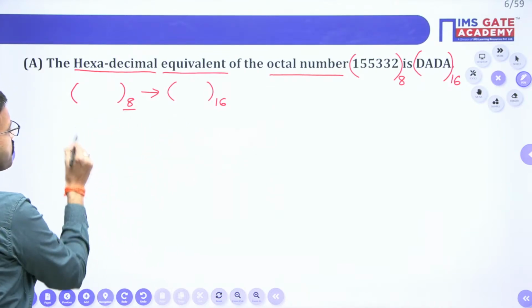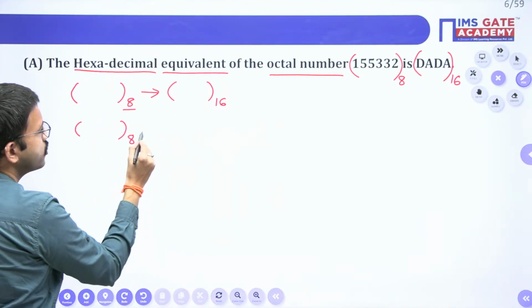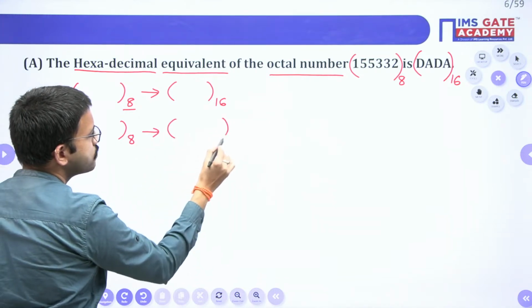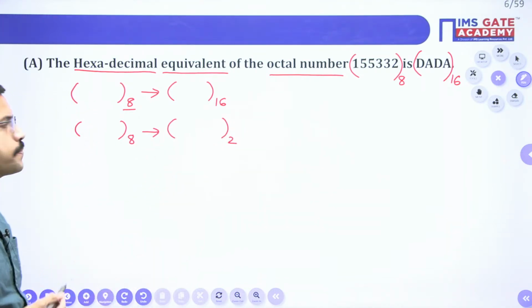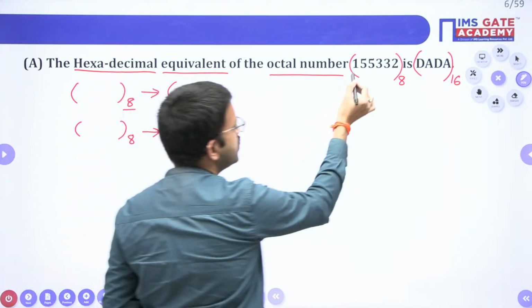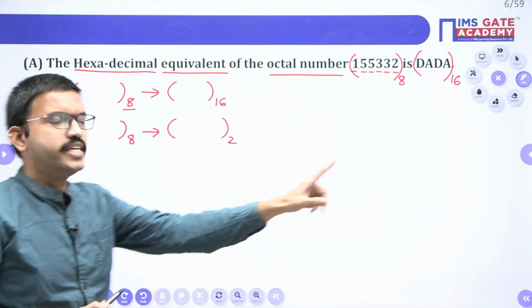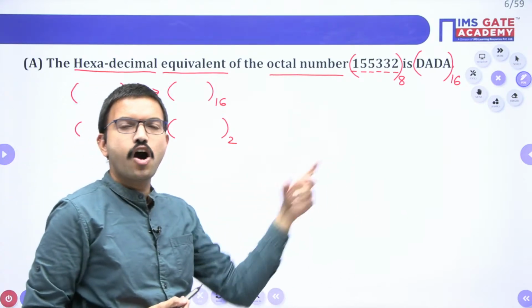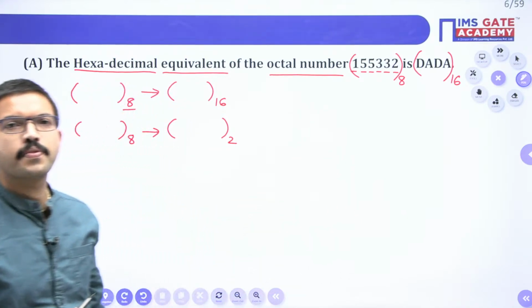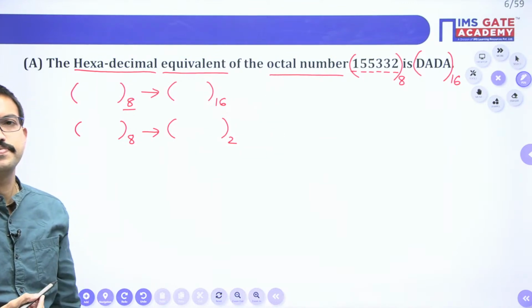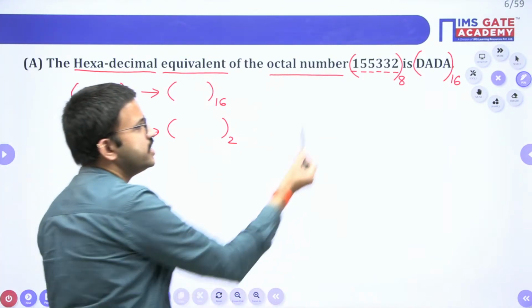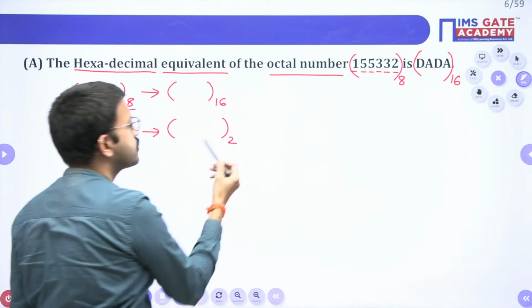What you have to do: first, convert the given octal number into the corresponding binary. For converting each and every octal digit into binary, how many bits do you require?